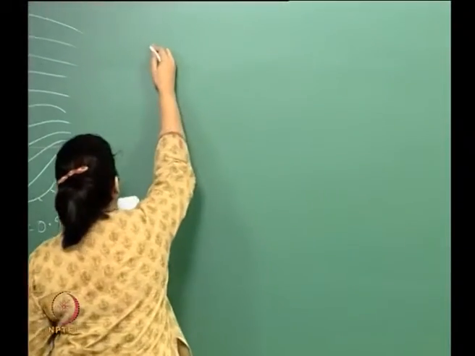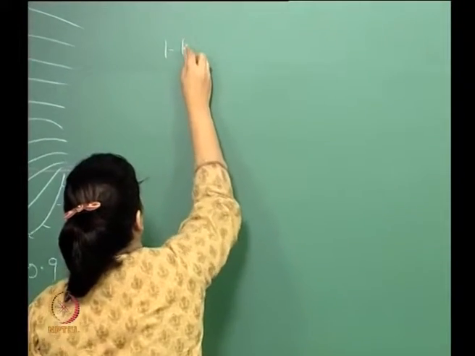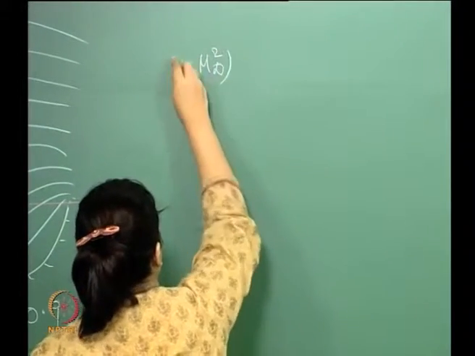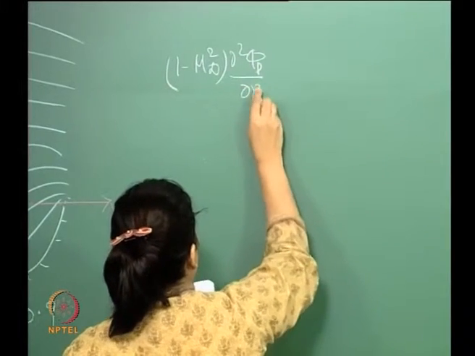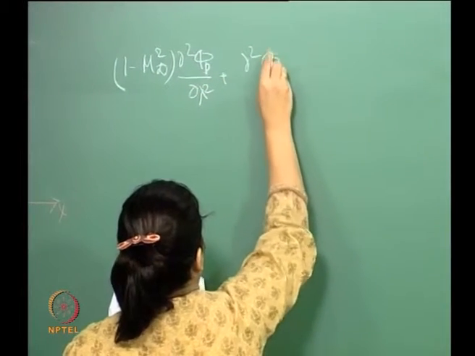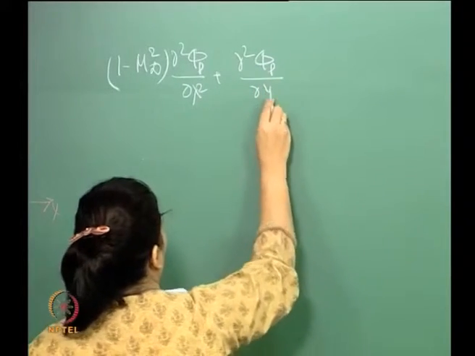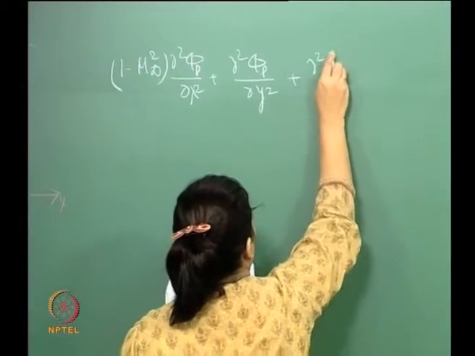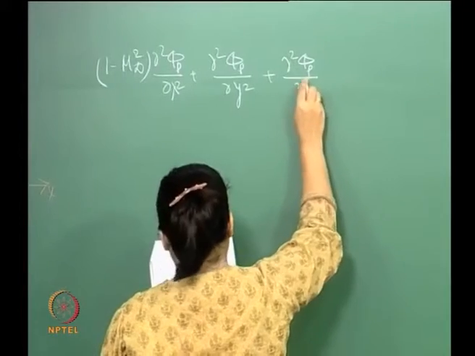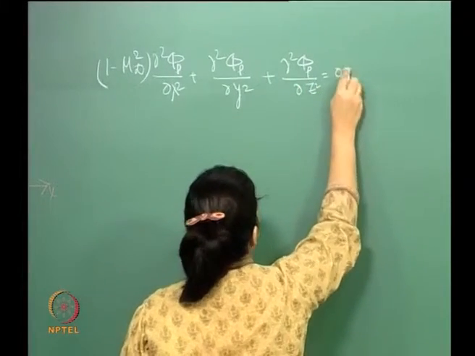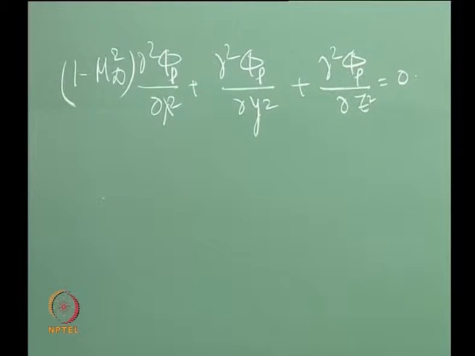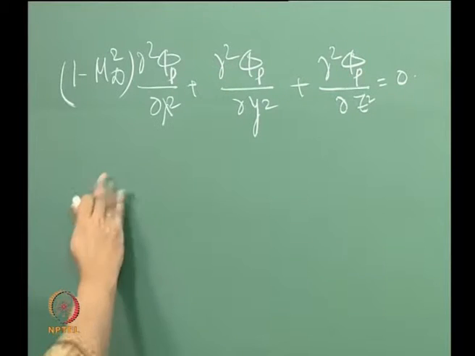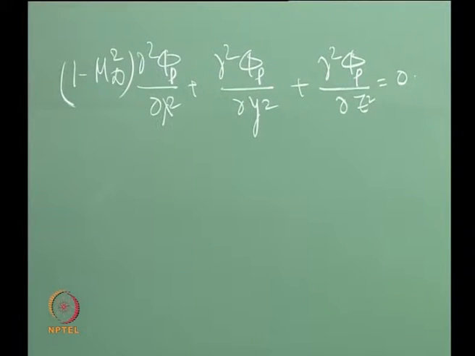So the perturbed velocity potential equation was, this is what we had done. So this is what we had originally done for the subsonic case. Okay. So now let us do this for a supersonic case.